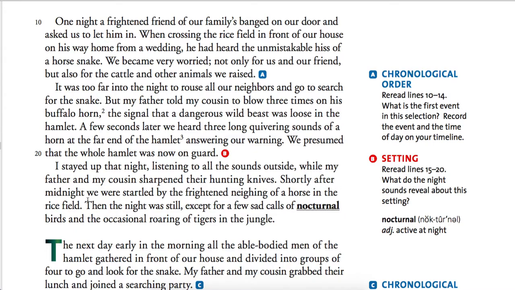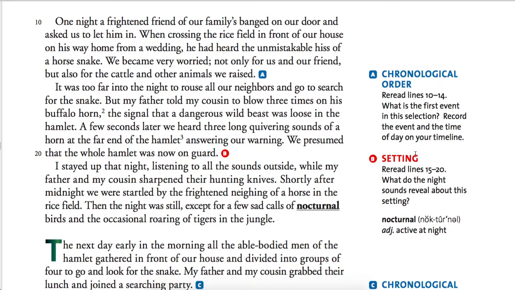Shortly after midnight, we were startled by the frightened neighing of a horse in the rice field. Then the night was still, except for a few sad calls of nocturnal birds and the occasional roaring of tigers in the jungle.